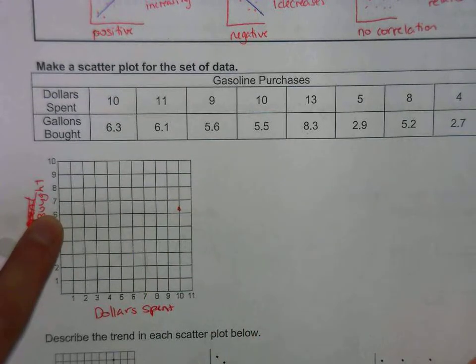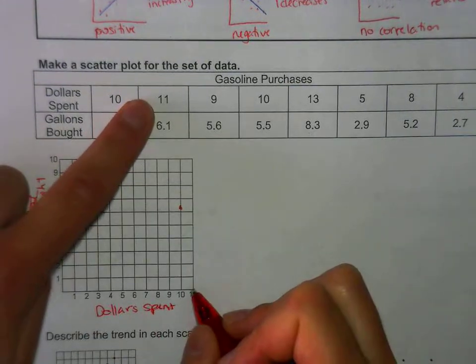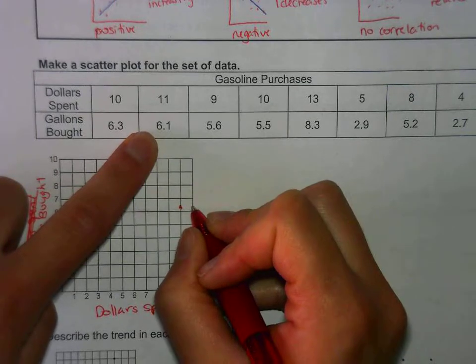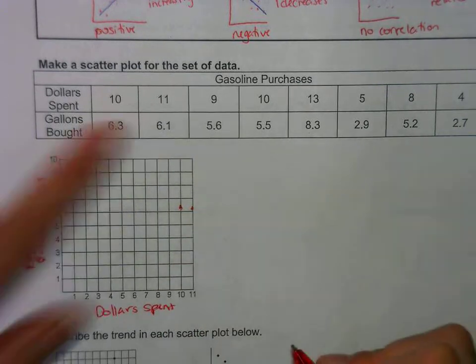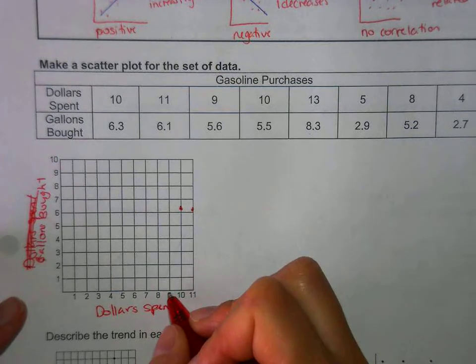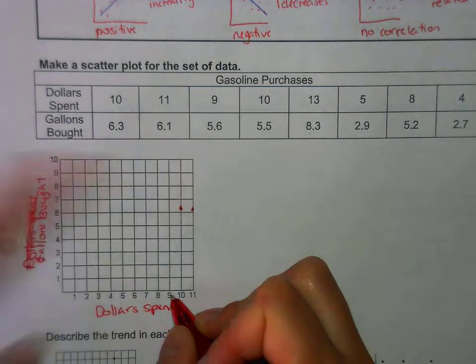If I spent $11, I bought 6.1 gallons of gas. When I buy 9 gallons, I paid $5.60.